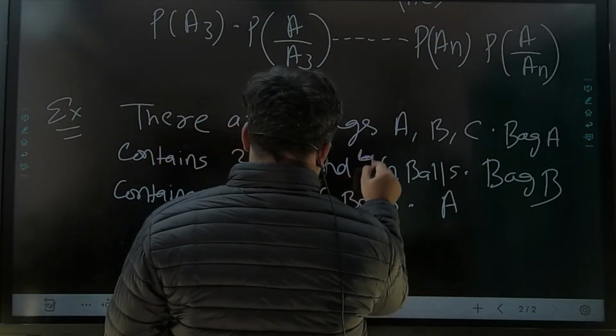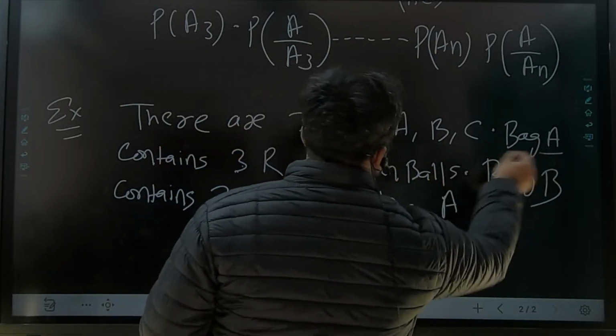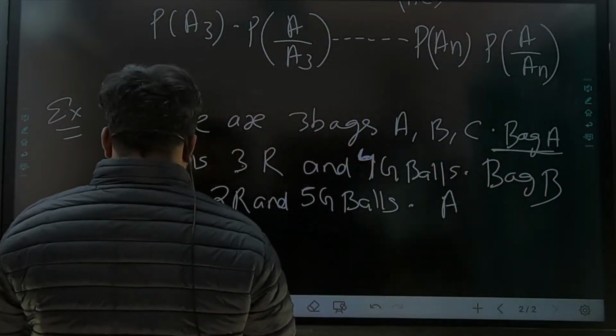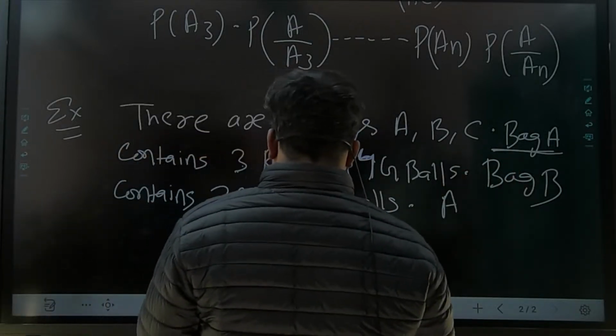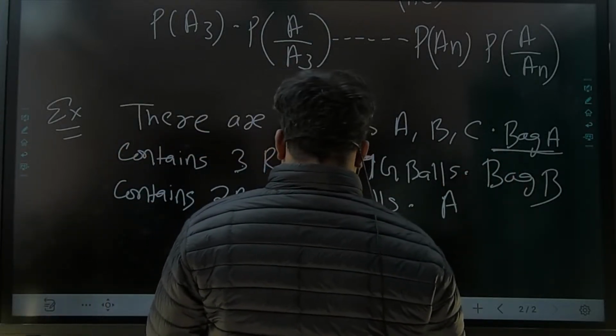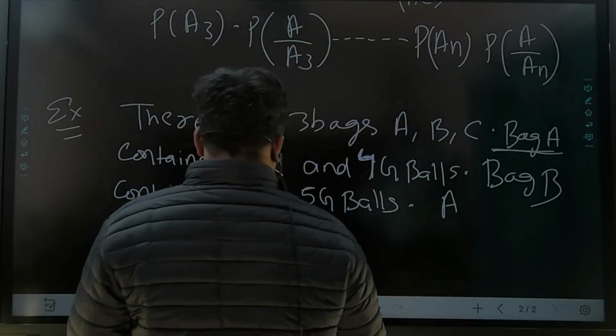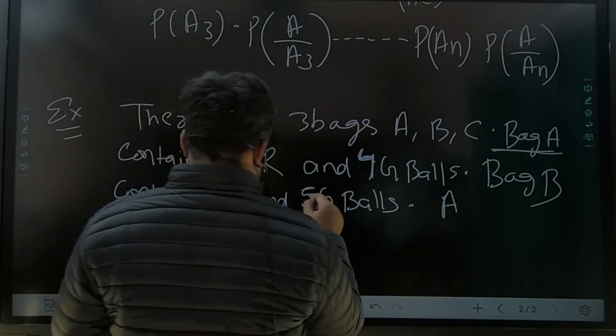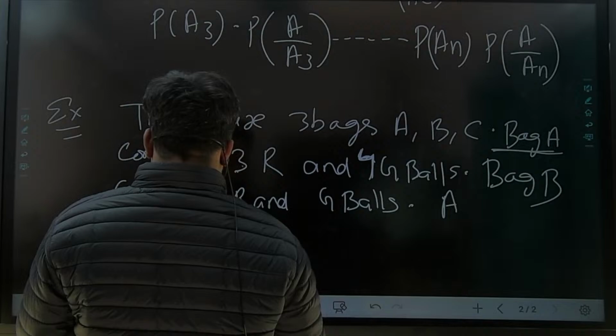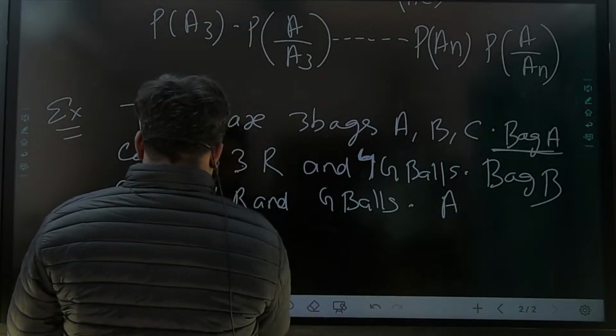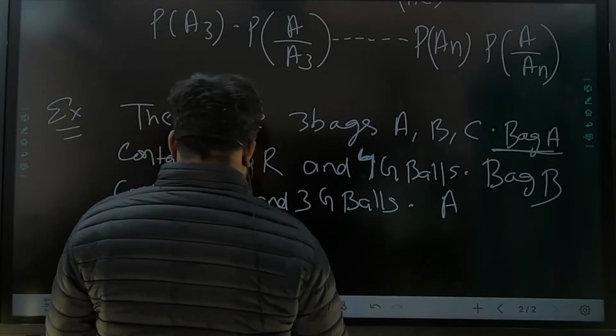This is fine. This is for bag B, bag A. Bag A contains 3 red and 4 green balls. Bag B contains 4 red. Here you have to change 4 red. Bag B contains 4 red and 3 green balls.